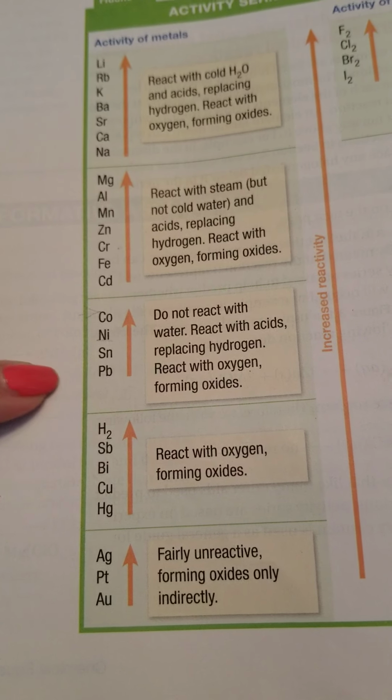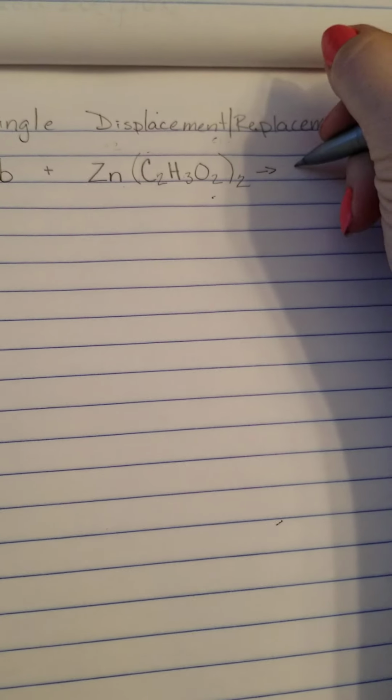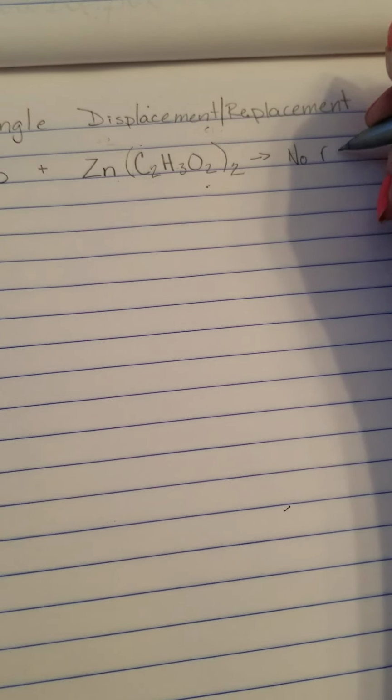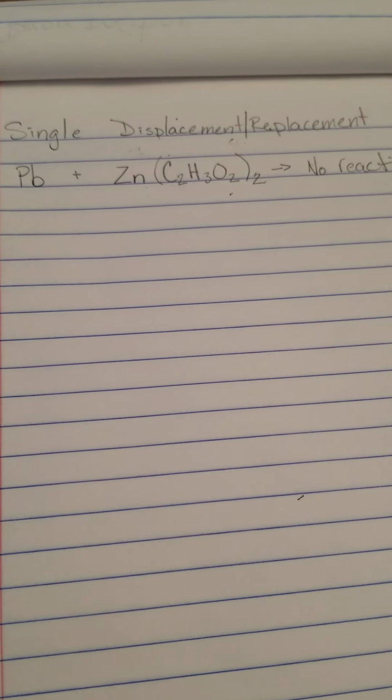Since lead is lower on the activity series than zinc, we literally come over to this side and write no reaction. We don't have to worry about swapping partners or balancing the equation. This is not possible. If you put lead into zinc acetate, absolutely positively nothing is going to happen.